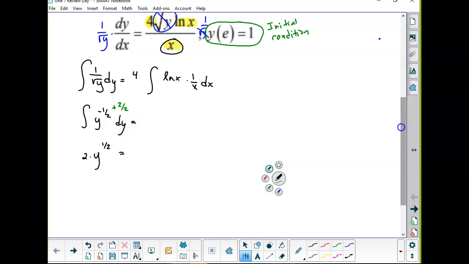We'll deal with that in a little bit, but now we've got to deal with the right side. And the right side, we have to do a u substitution to make this a little easier to look at. And we want to pick the natural log of x to be the u value.